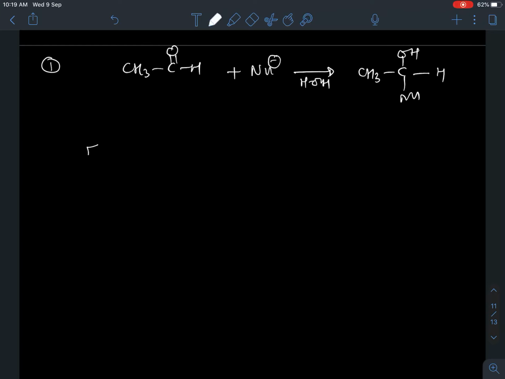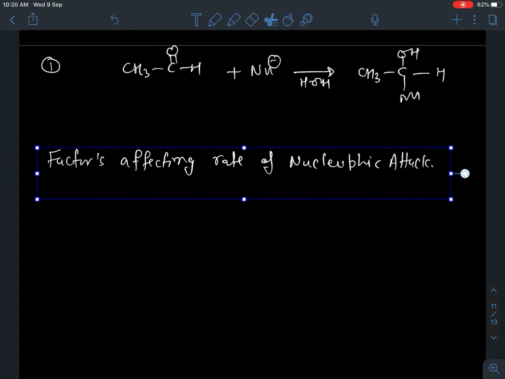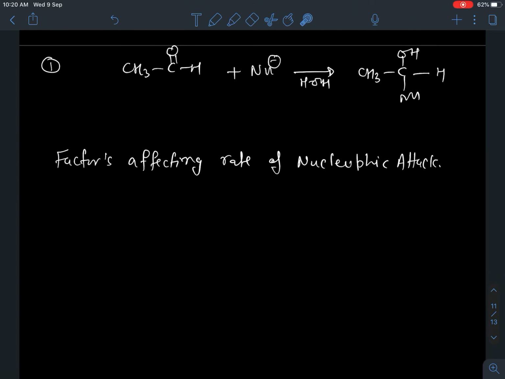So that is one problem. Right now I am interested in factors affecting the rate of nucleophilic attack. How fast it is going to react, how slow it is going to react, that is what we need to monitor here.